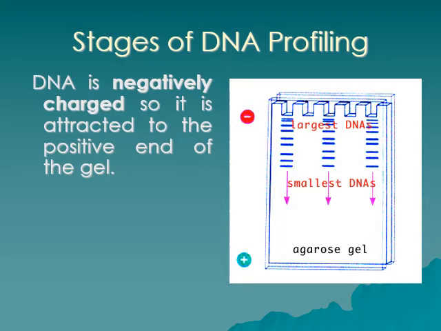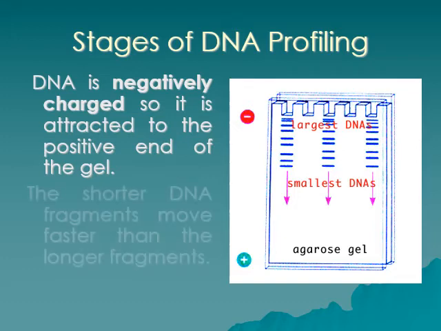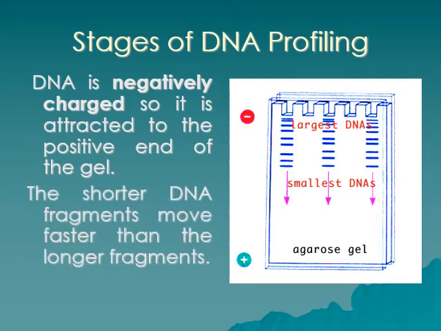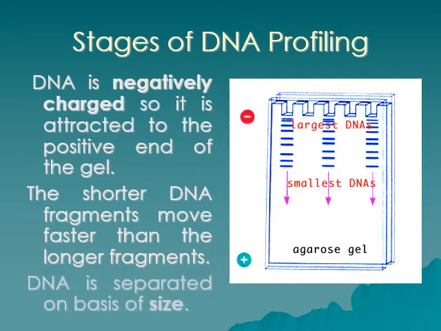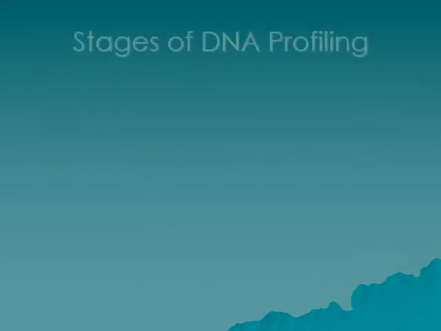So, kung yung DNA is negatively charged, pupunta siya sa positively charged. So, dito, the shorter the DNA fragments, mas mabilis yung pag-migrate niya papunta sa positively charged area dun sa gel electrophoresis kaysa sa mga longer fragments. So, DNA is separated on the basis of size.